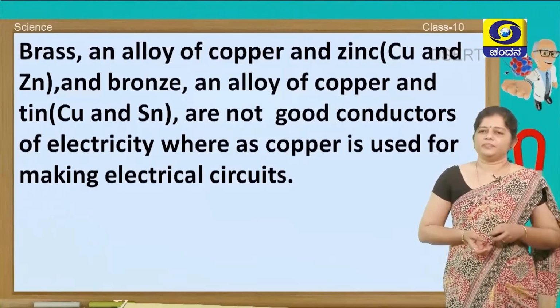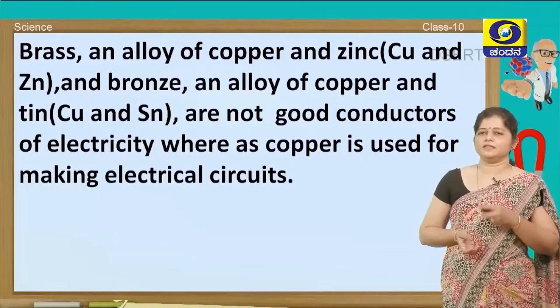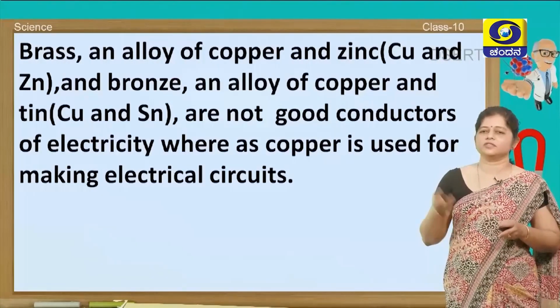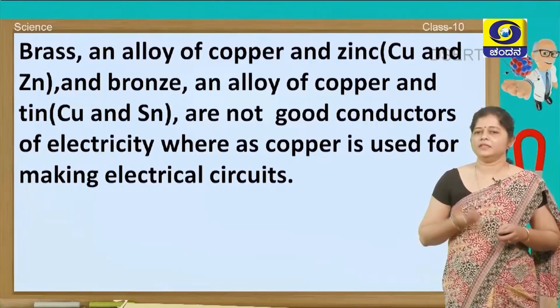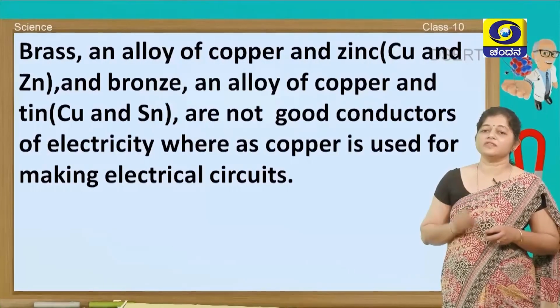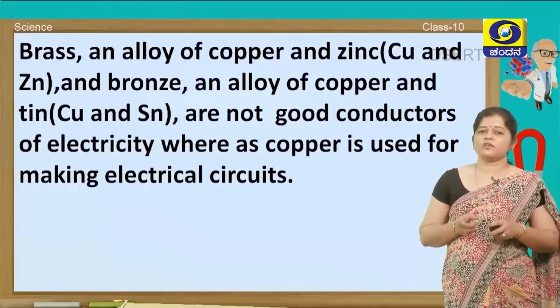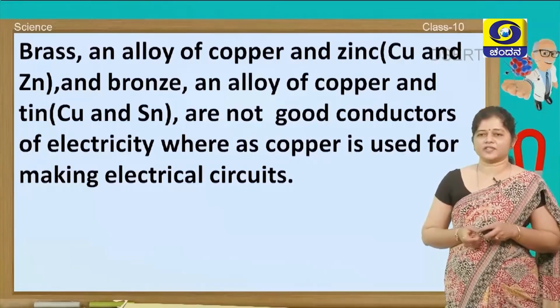For example, brass. All of you know brass. It is an alloy of copper and zinc. And bronze, all of you know the medals that we receive, that is an alloy of copper and tin. Generally, these two are not good conductors of electricity. We make use of copper in making electrical circuits, and also we use copper in electrical wires.